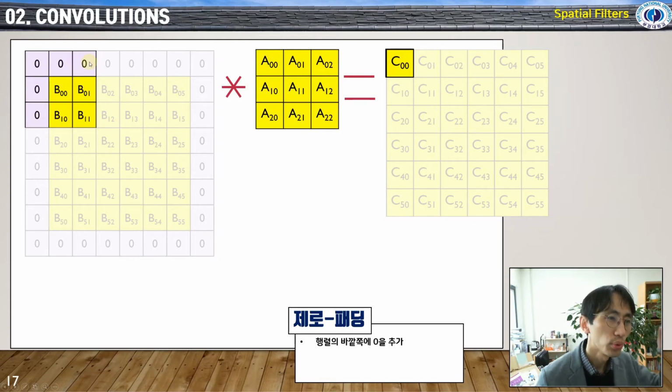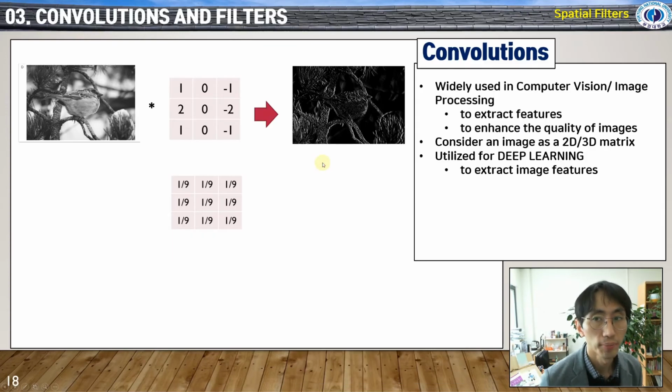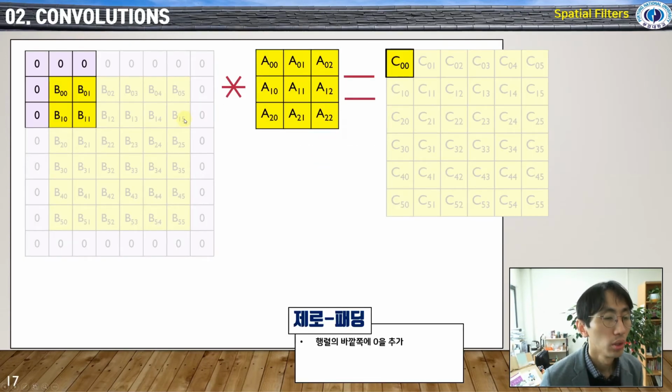So we assume all the values here are zeros. Then if you do the calculation from C00 to C55, you get all the values of the convolution.